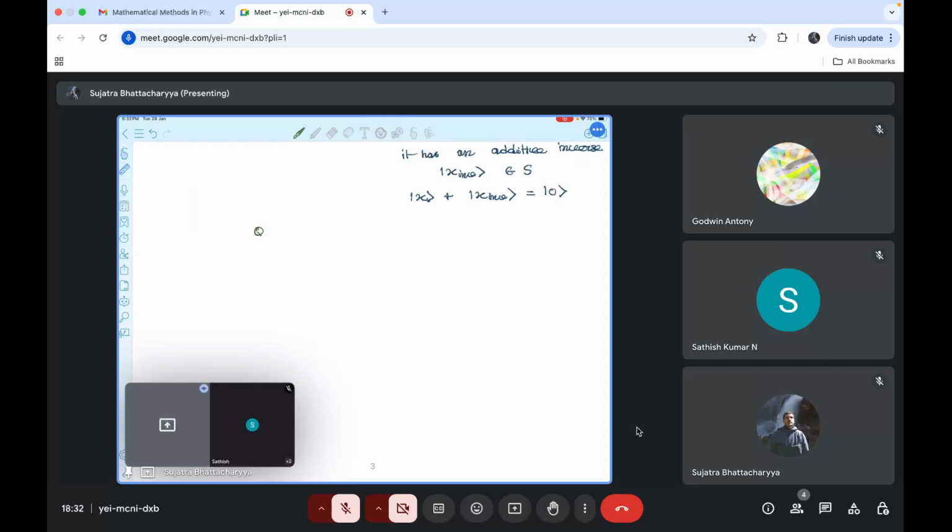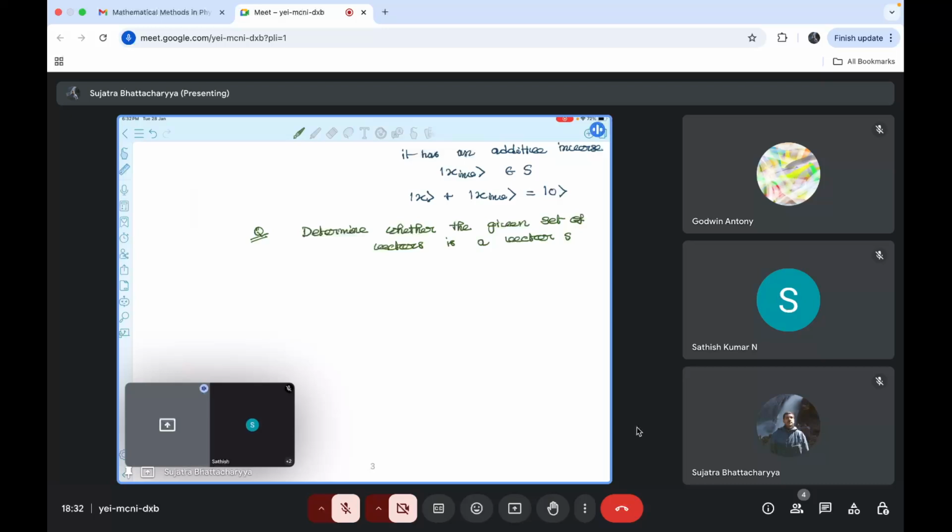So suppose you have been given this question: determine whether the given set of vectors is a vector space.